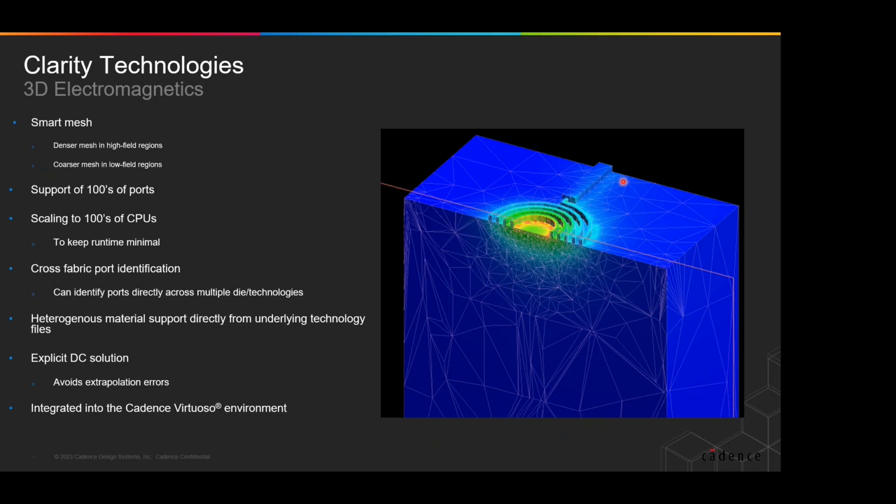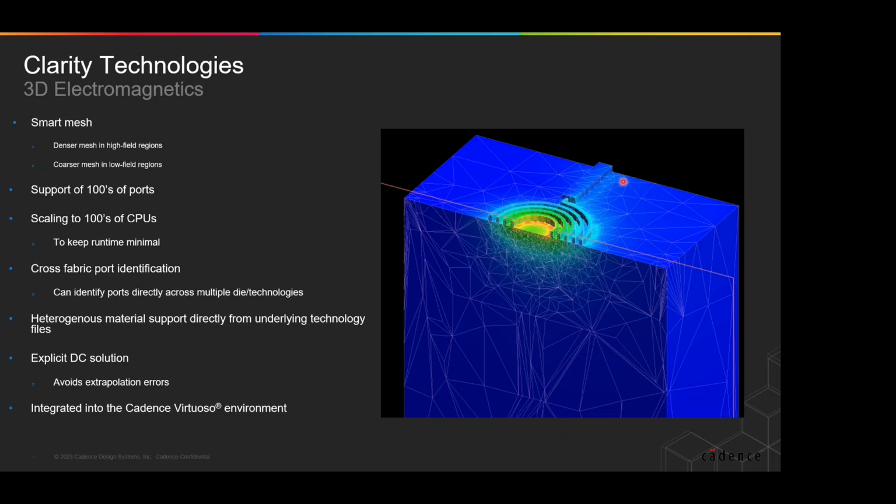It supports heterogeneous material support directly from the underlying technology files. And what that really means is I can have a SiGe design, I can have a CMOS design on the same package, and I can actually extract those in Clarity at the same time if I want to. It supports an explicit DC solution, which is really critical for making good S parameter files.